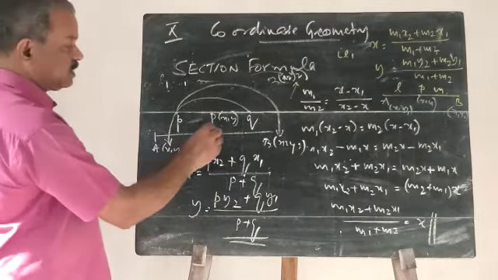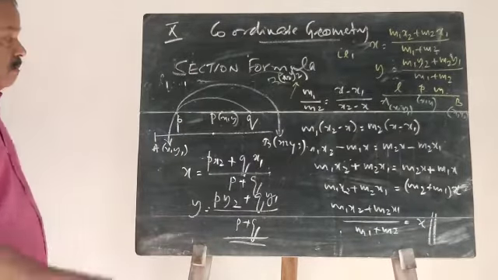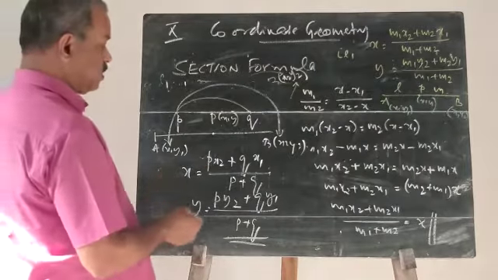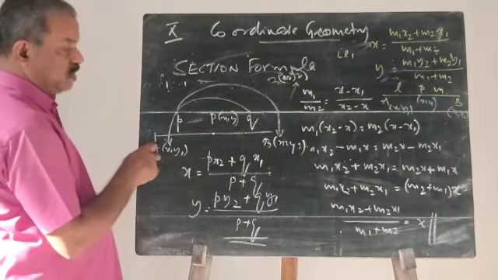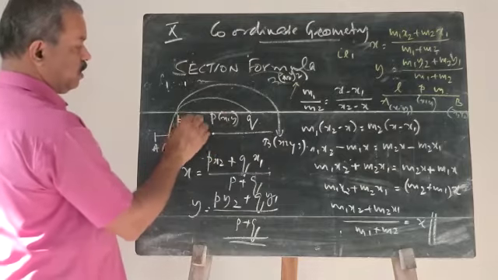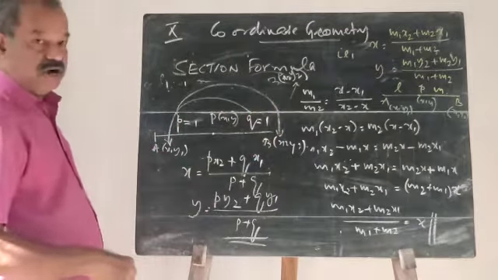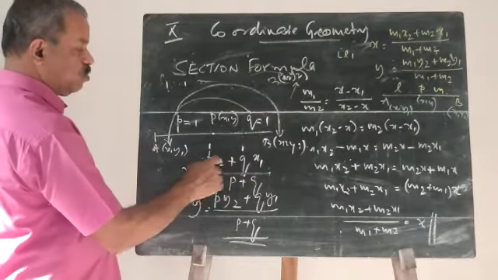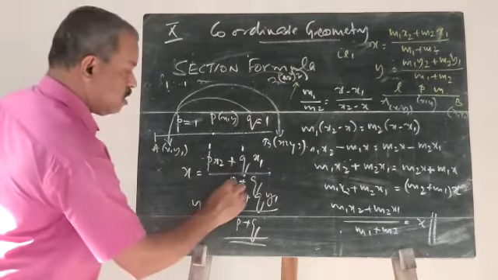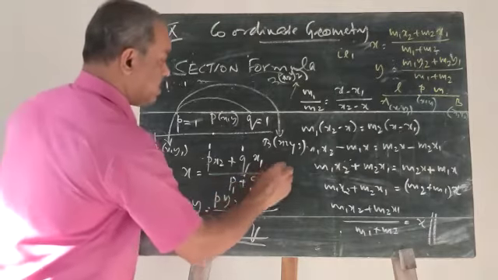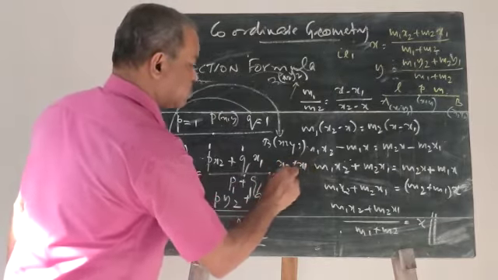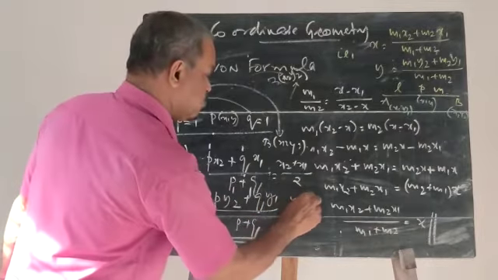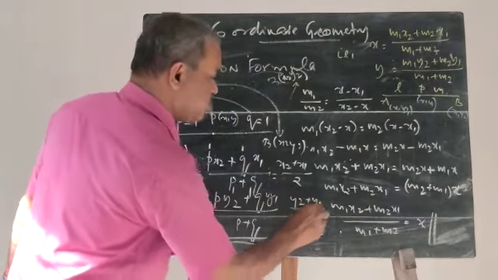Now suppose P is the midpoint of AB. Then what is the ratio of division? 1 is to 1, so p equal to 1, q equal to 1. X equal to (1 x2 plus 1 x1) by (1 plus 1), which is (x2 plus x1) by 2. The y coordinate is (y2 plus y1) by 2.